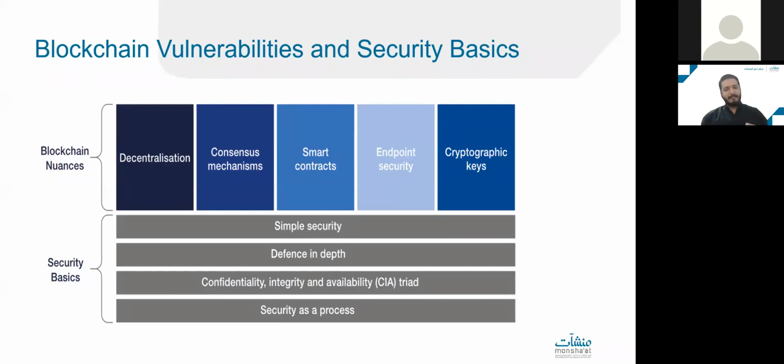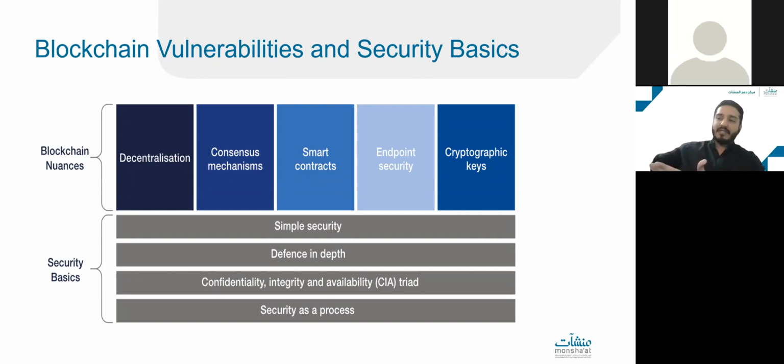Defense in depth means we have multiple layers of security within our network. Let's say an attacker is able to hack one of our nodes, he still cannot penetrate the whole network.